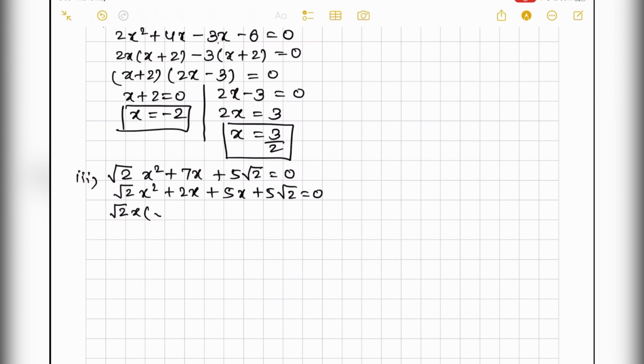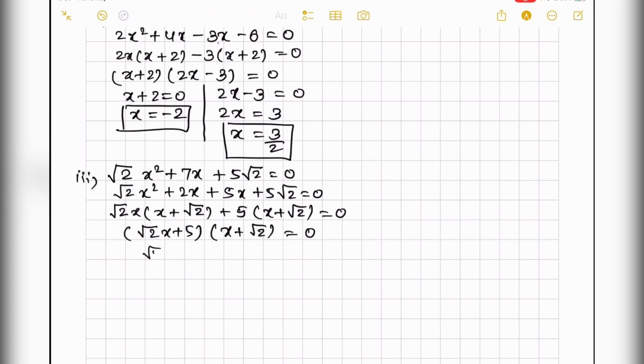So I can say root 2x plus 5 common, so x plus root 2 equal to 0.